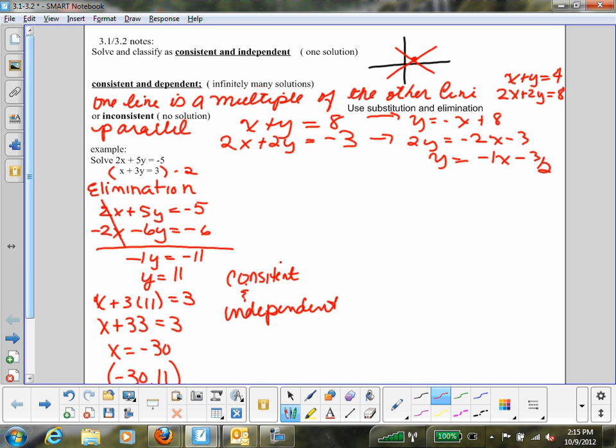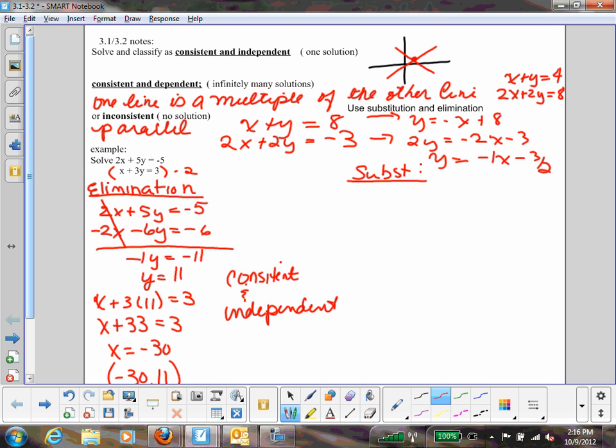I would go back to the original. All right, this was elimination. Let's do it with substitution. So substitution means take one variable and solve for it, and take that value and plug it into the other equation.